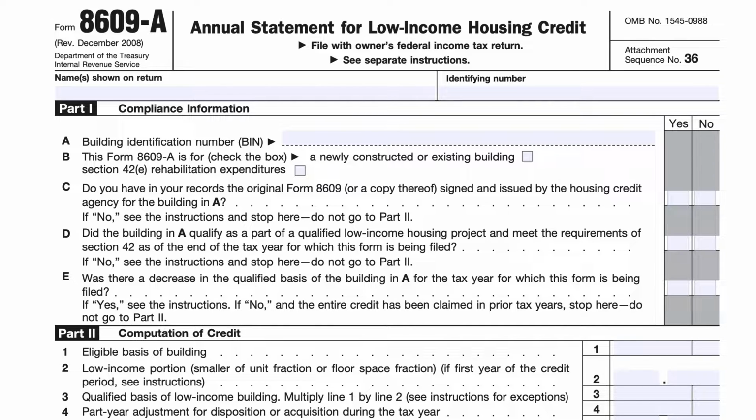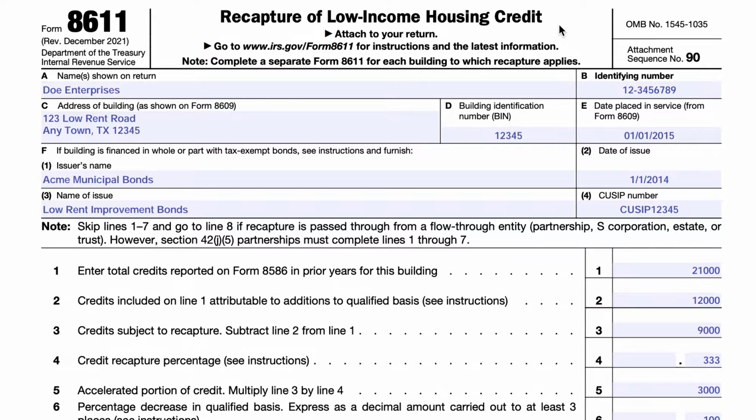However, if you sell it before 15 years, you may owe a recapture amount. And so IRS Form 8611 will help you calculate the amount of recapture, if any. Sometimes you may not have a recapture amount because of changes in basis and things of that nature.